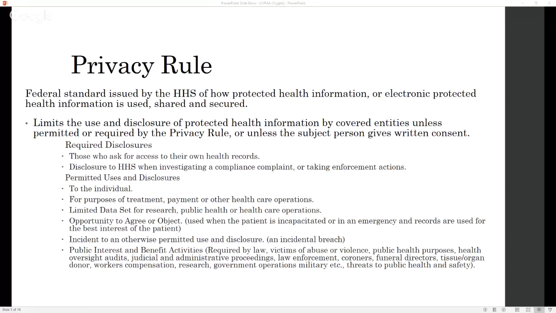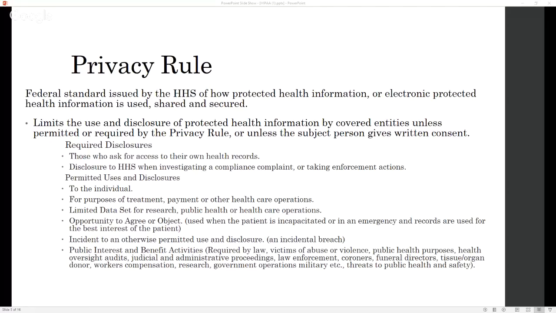Research is kind of a cool one because a lot of the statistics that we see for things like cancer and heart disease are information gathered from people's health records. So that's one of the permitted uses for our health record. Next, an opportunity to agree or object. From my understanding, this is when a patient is incapacitated, unreachable, or in an emergency, and it's for professional use in the best care of the patient.